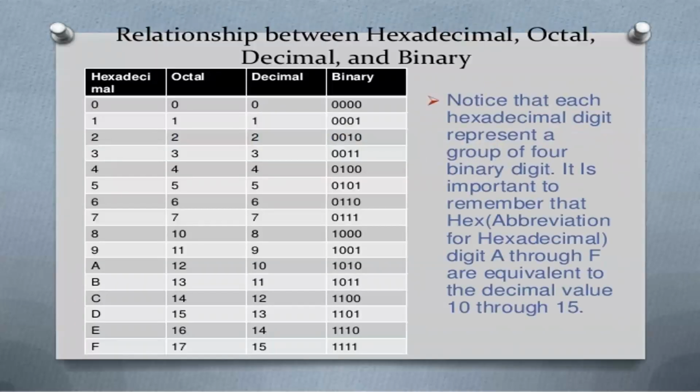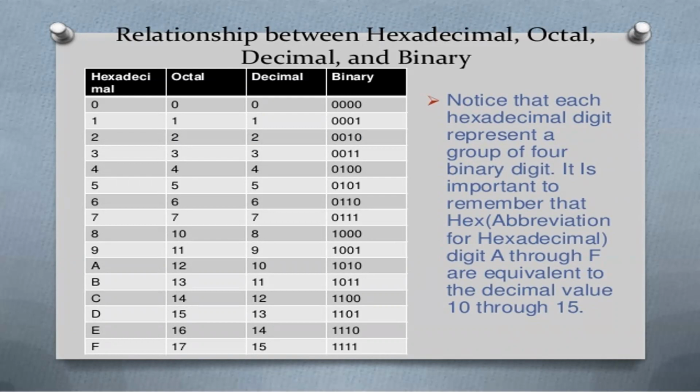Now this is a very, very important chart, children, where you need to know the values of the equivalent decimal and the binary. See, the binary is written in 4 digits.